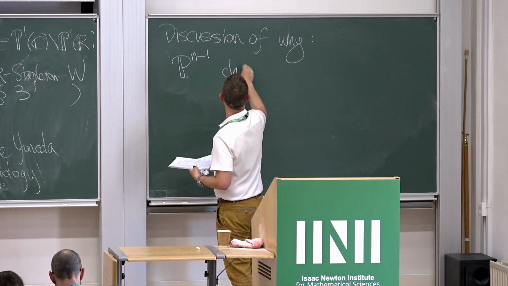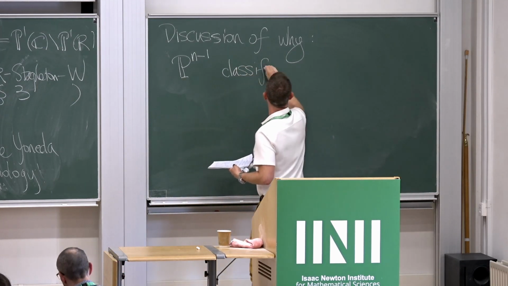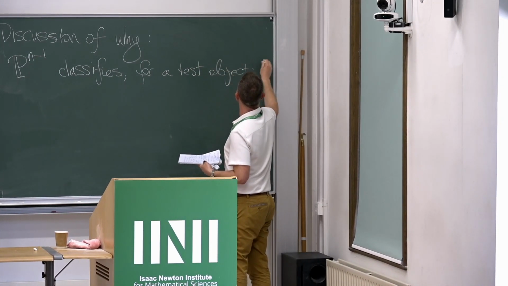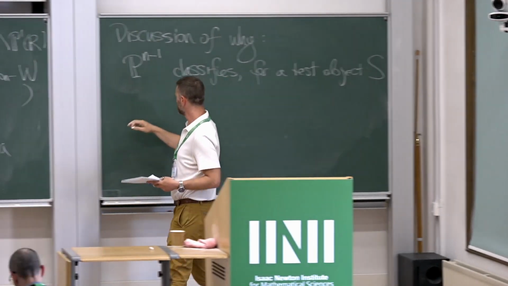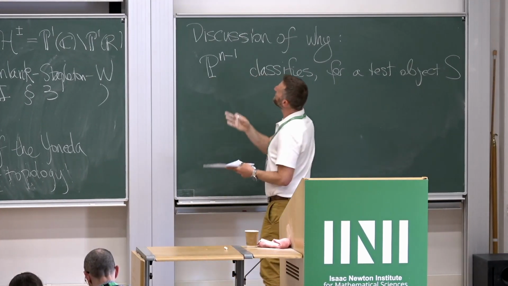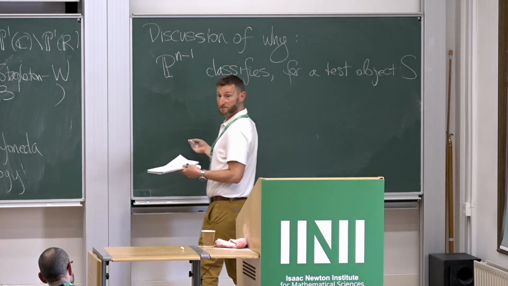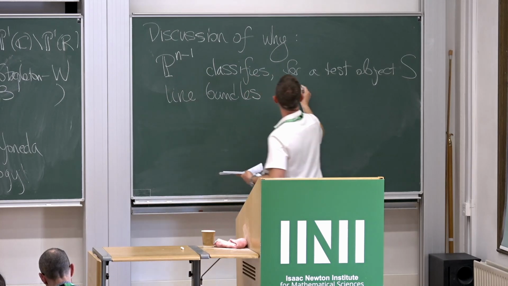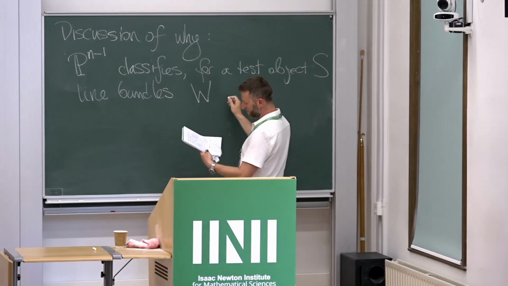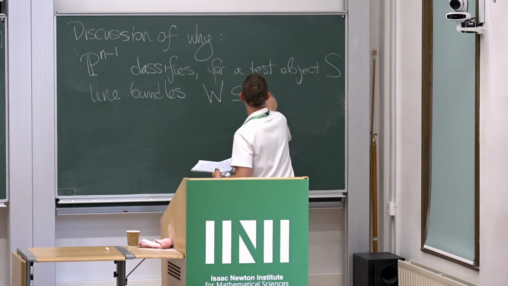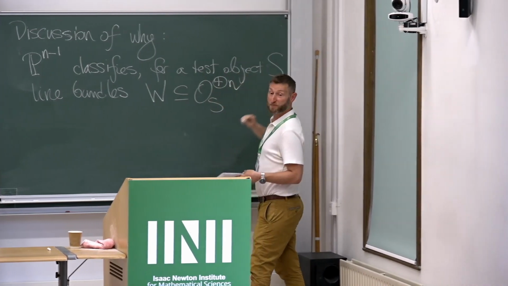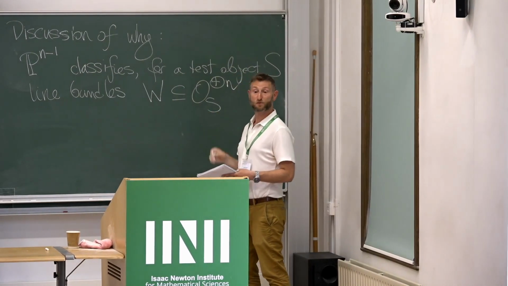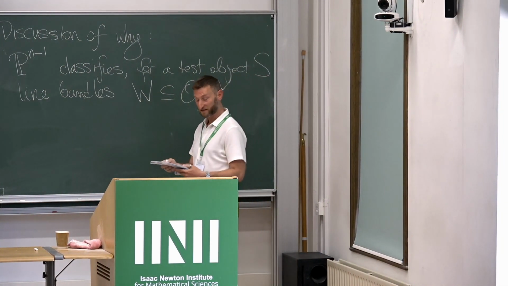So this classifies, for a test object S, something like lines in an n-dimensional space, or line bundles, which I'll write as W, inside of n copies of the structure sheaf. So a sub-bundle of O_S to the power n of dimension 1. That's what this projective space does.